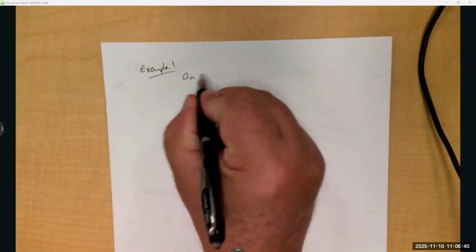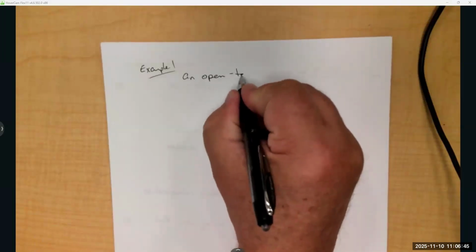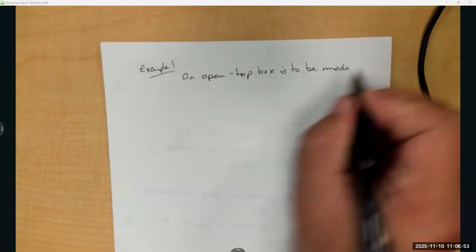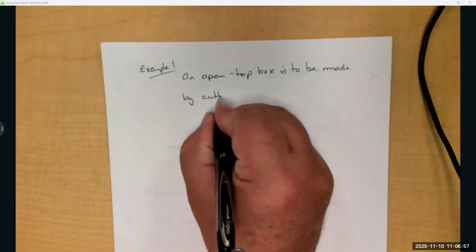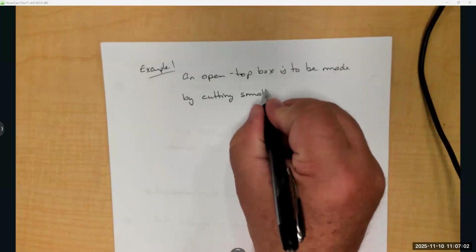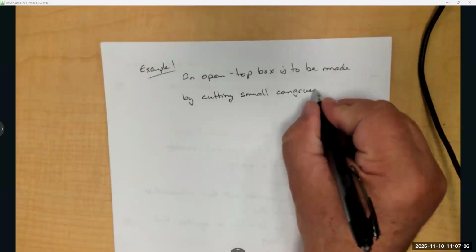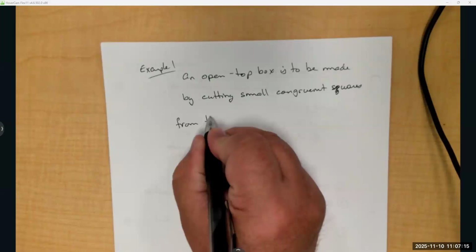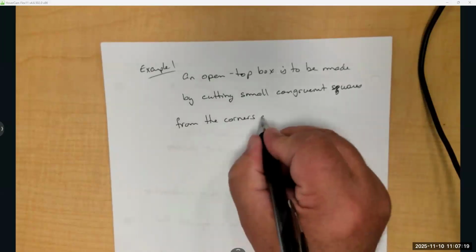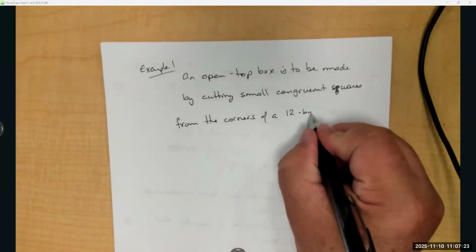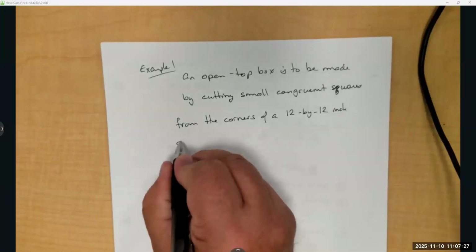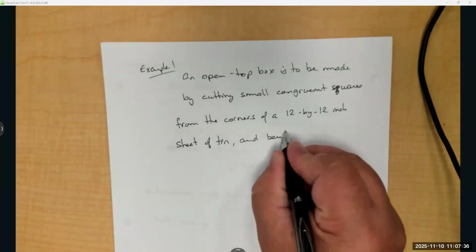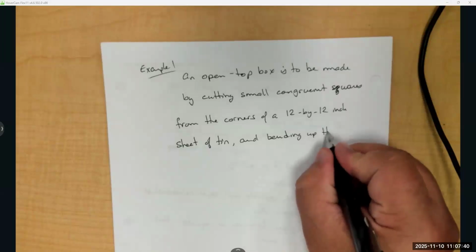Example 1. An open top box is to be made by cutting small congruent squares from the corners of a 12 by 12-inch sheet of tin and bending up the sides.